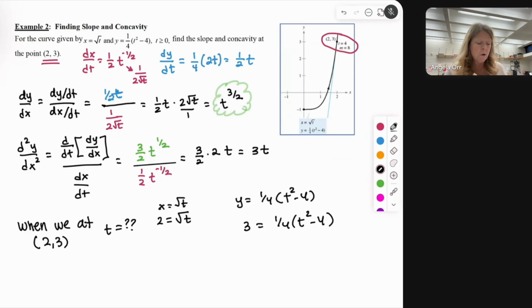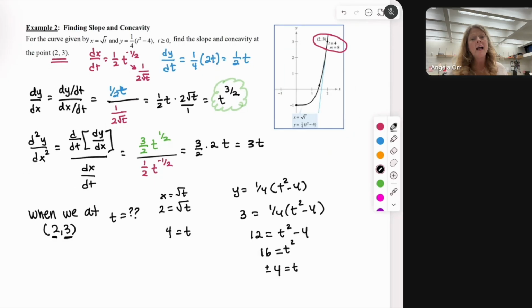Now I'm going to solve for the value of t. From the x equation, t is equal to 2 squared, which is 4. From the y equation, I multiply both sides by 4, so I get 12 is equal to t squared minus 4, and so t squared is equal to 16. I got two values of t, negative 4 and positive 4, for when the y value is 3.